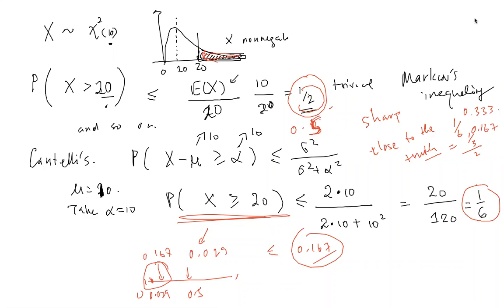So let me look at another example. Suppose your x is normal, standard normal. So you cannot use the result of Markov's inequality, which requires positive variables, but you definitely can do the following.